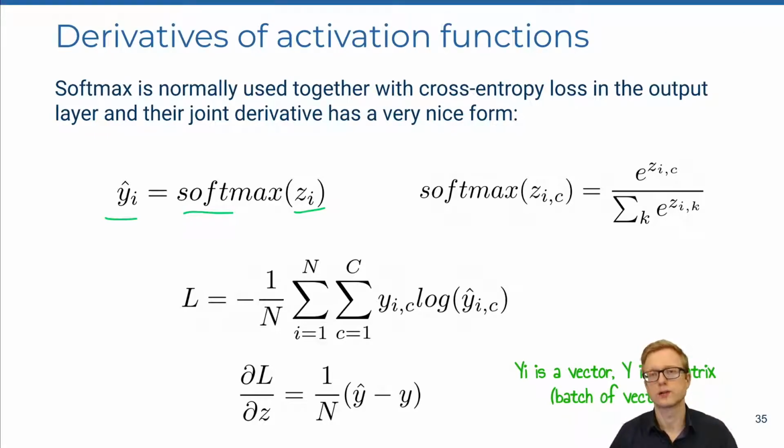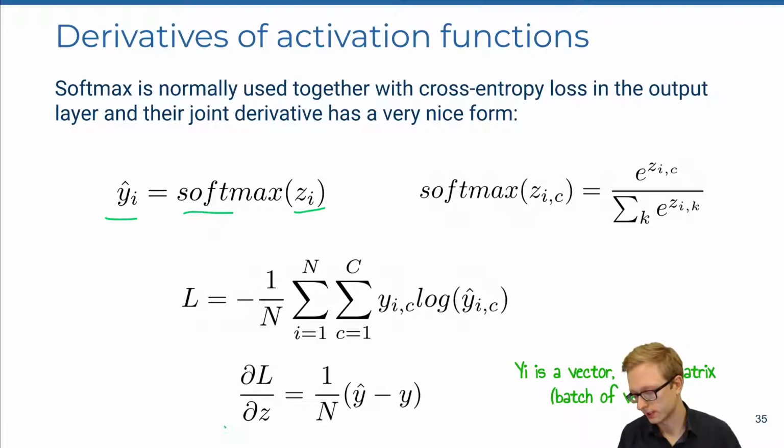It requires a lot of math, and you're welcome to do the equations yourself or find some proofs online. There are many available. But for our purposes, we're going to simplify this a bit, because if we combine softmax with cross-entropy, then the joint partial derivative through both of them has a very nice form.